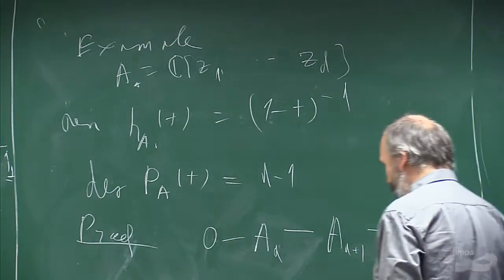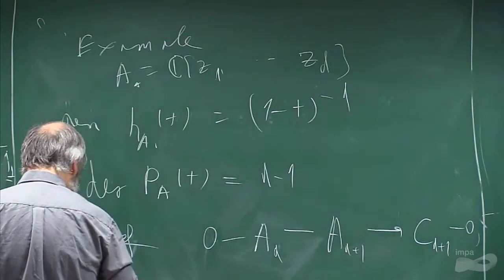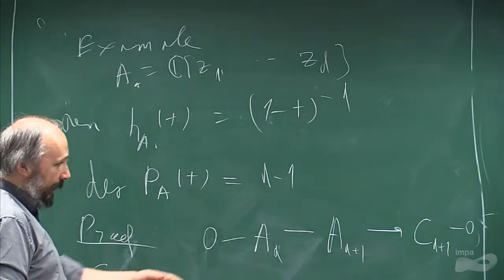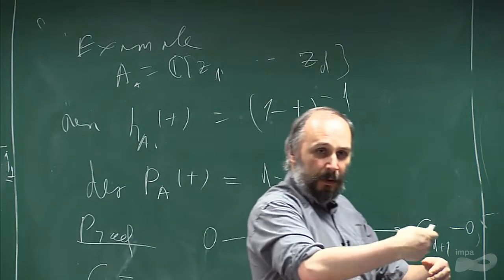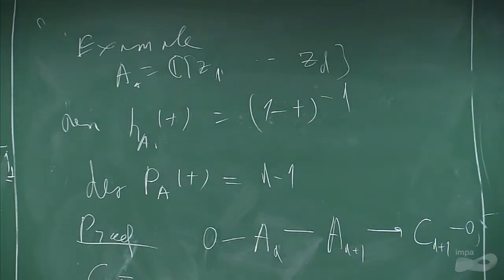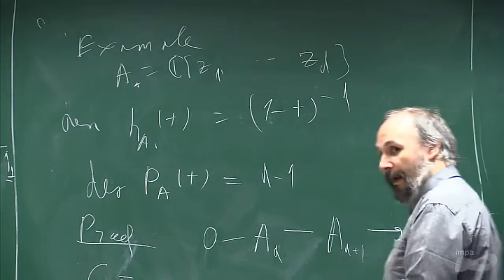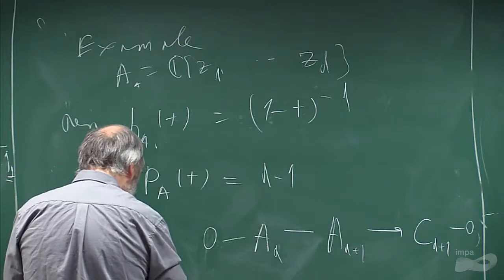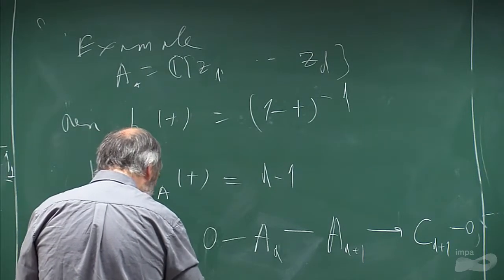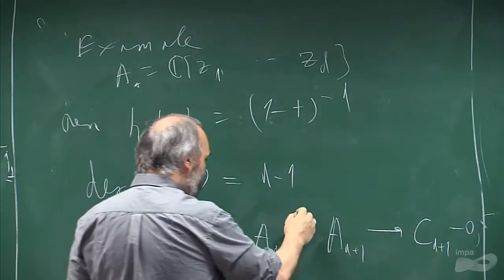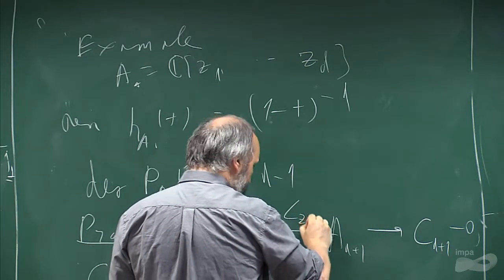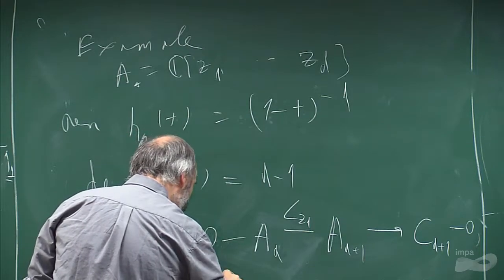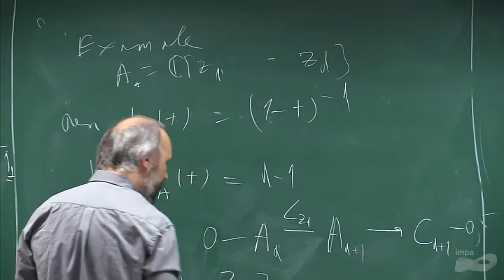Okay, so what is the C_d? The cokernel, C star. You take polynomials modulo polynomials which are divisible by z_d. By the last, this is just polynomials in the first variables. So this is C of z1, ..., z_(d-1).